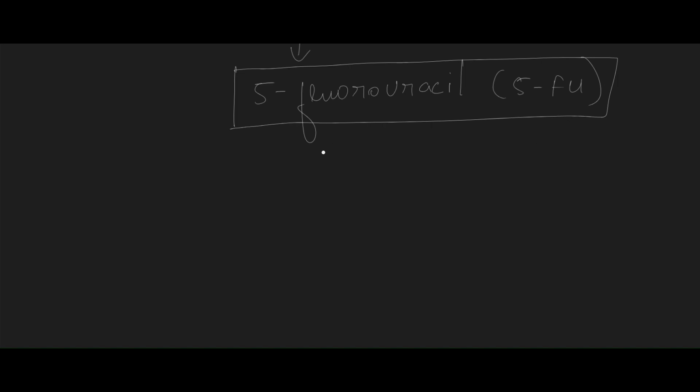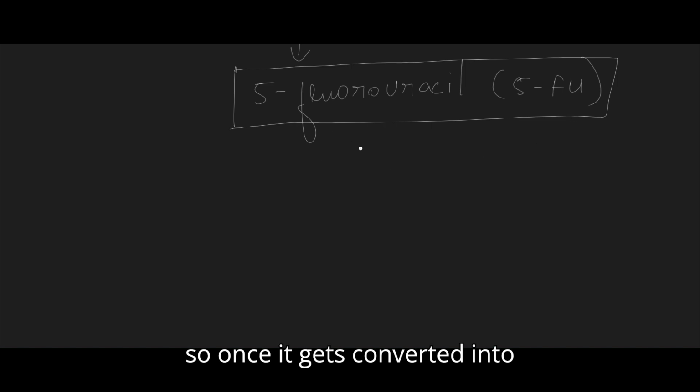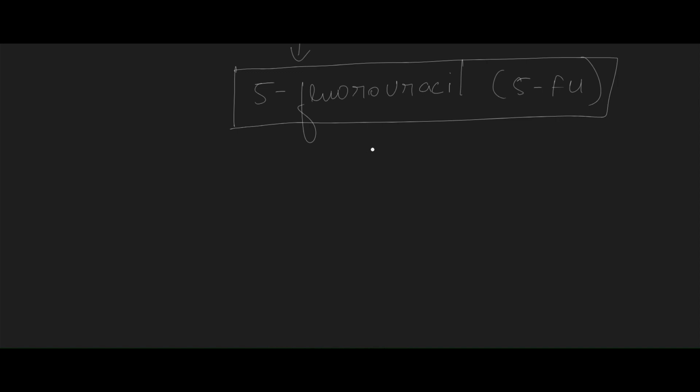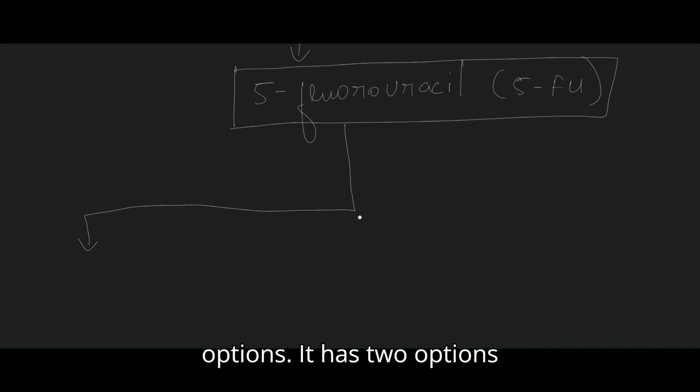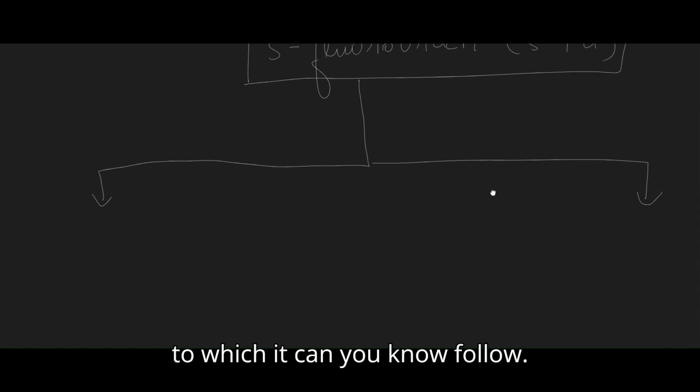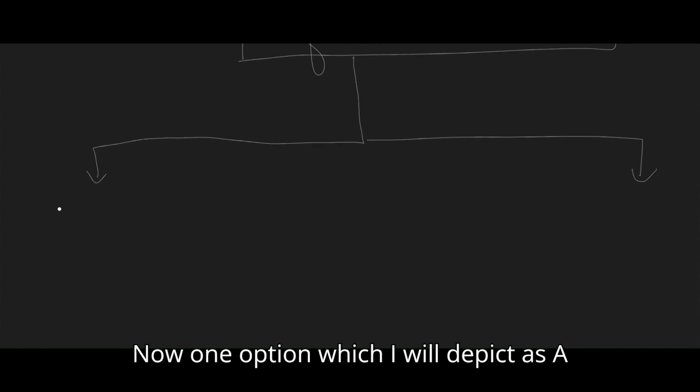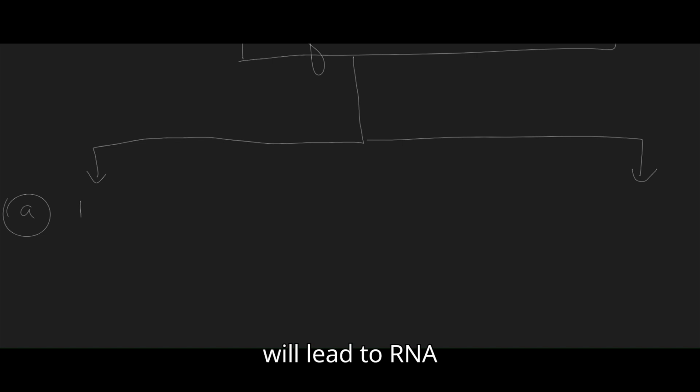So once it gets converted into 5-fluorouracil, the drug or this metabolite has two options it can follow. One option, which I'll depict as A, will lead to RNA synthesis inhibition.